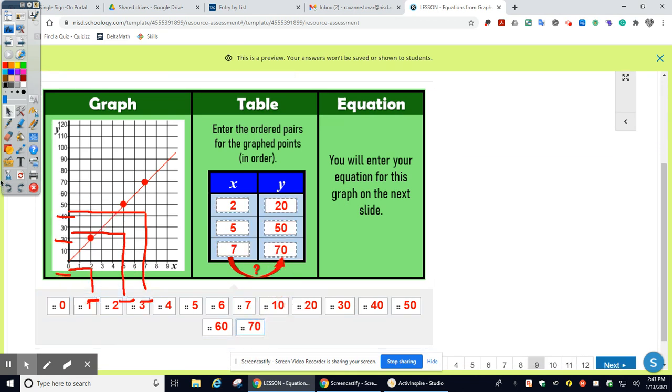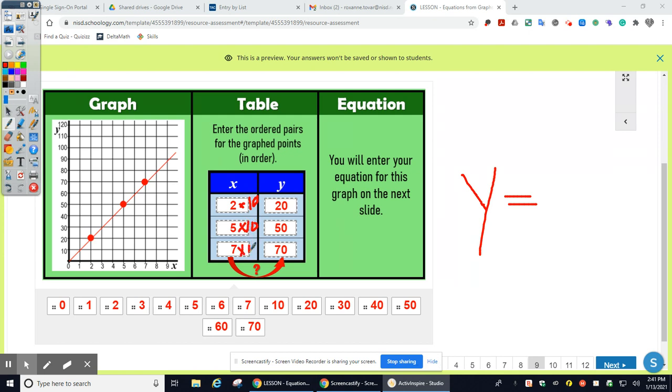All right, now we're going to go ahead and write an equation. Now, because this graph is starting at the origin, we know that we are multiplying. Multiplicative graphs hit that origin. So it says y equals, what are we multiplying by? 2 times 10 gives me 20. 5 times 10 gives me 50.